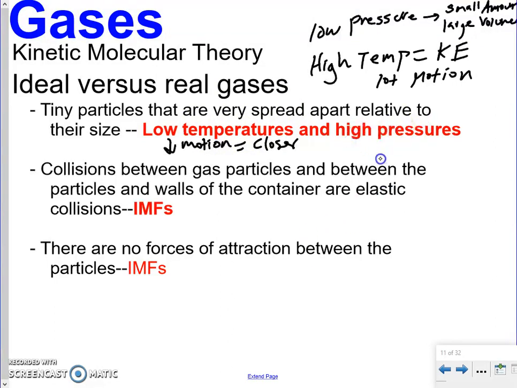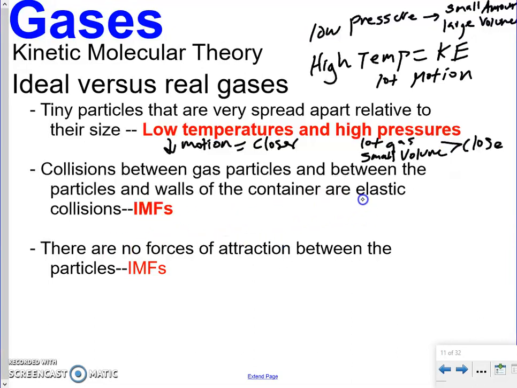At high pressure, same idea. What does high pressure mean? It means there's either a lot of the gas, or a small volume, which means, again, close together and having to interact with each other.